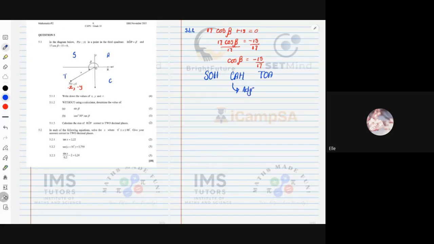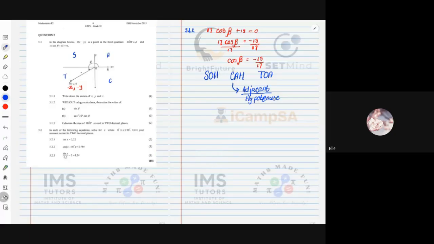Adjacent over hypotenuse. So we already know that 17 is equal to r, and minus 15 is equal to x.